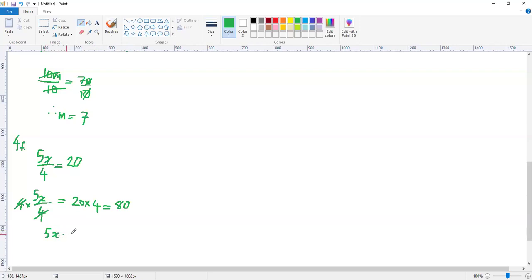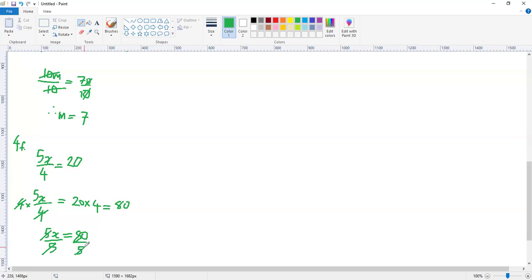So what are we going to do next? Is it minus 5 or add 5? We divide both sides by 5. Yes, we'll have to divide it, because that's the only way we can get rid of the 5.